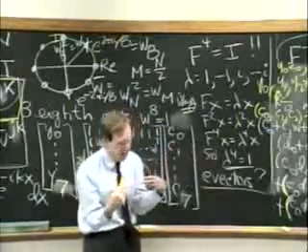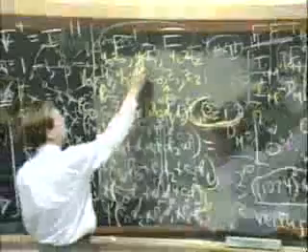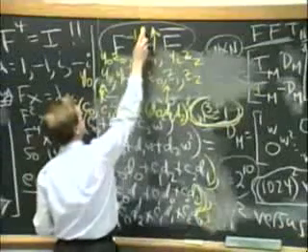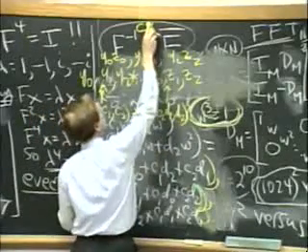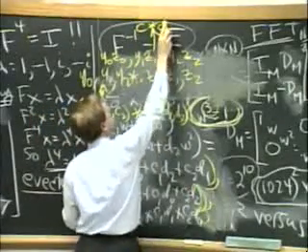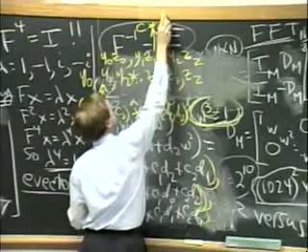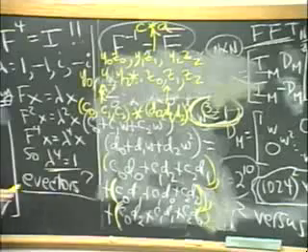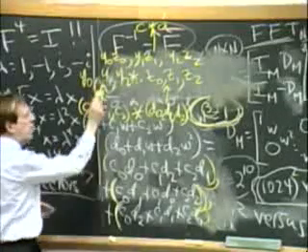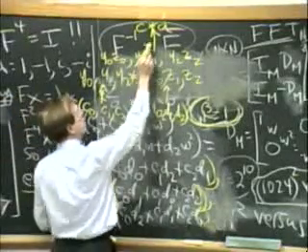And then what? Then we have to go back with one more FFT to the answer we want, C star D. C convolved with D. Okay. So there were three FFTs: transform, transform, inverse transform.